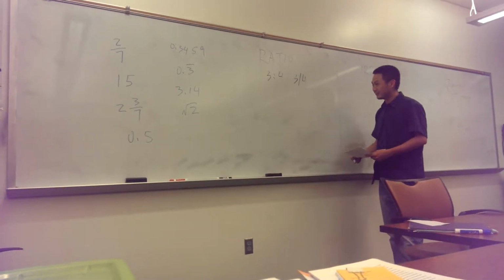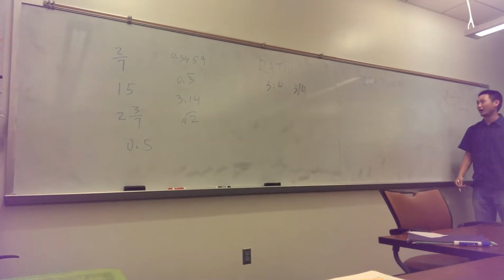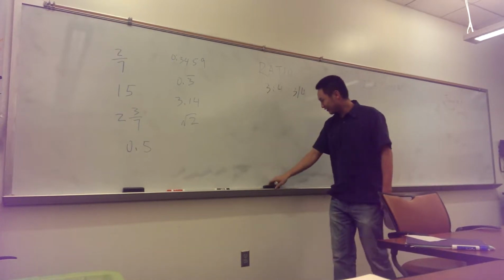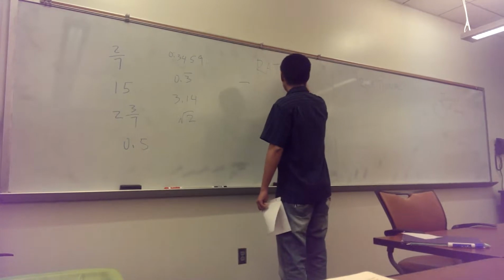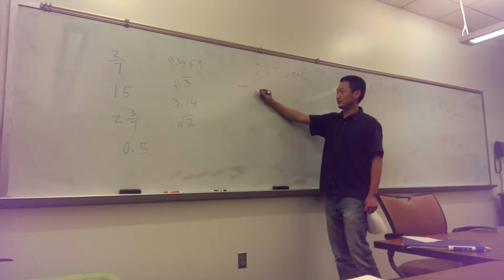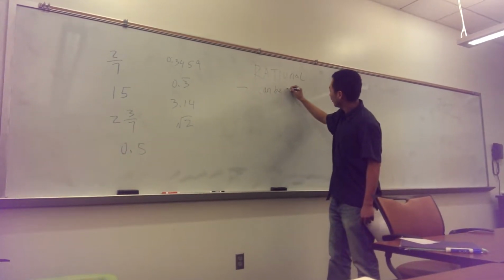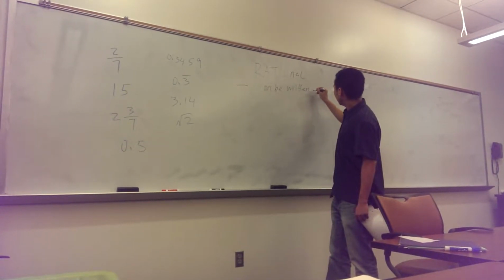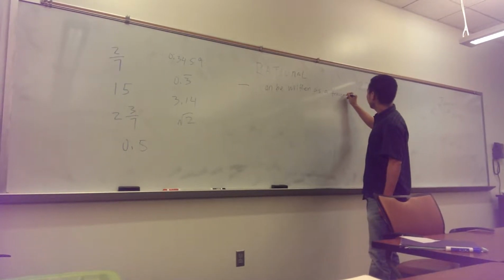So the rational numbers. The definition for a rational number is: can be written as a fraction.